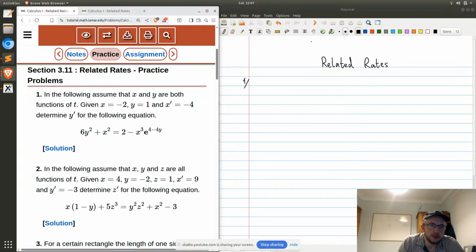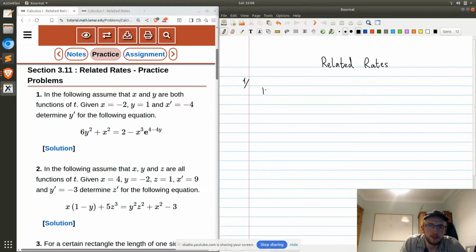So I suppose I have to differentiate first. Why do I have to assume that they're functions of t, though? Well, let's just go ahead with it.